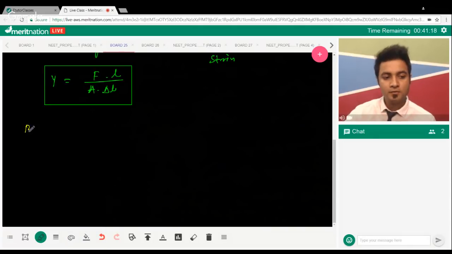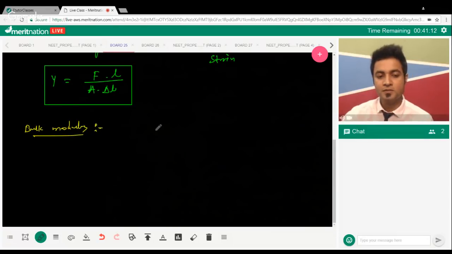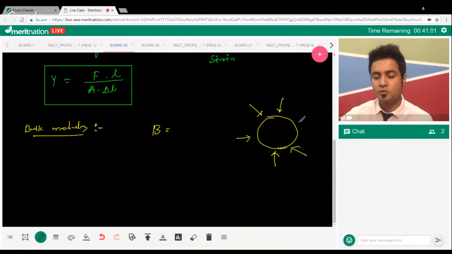So similarly, we do have the bulk modulus, okay, where it is defined as P. And again, here, suppose I do have a bubble from the external, some pressure is being acted on, okay? And you know that when the pressure is being acted on the bubble, what is happening?